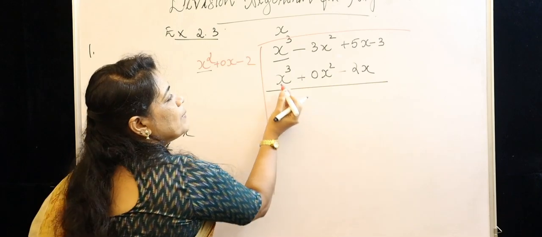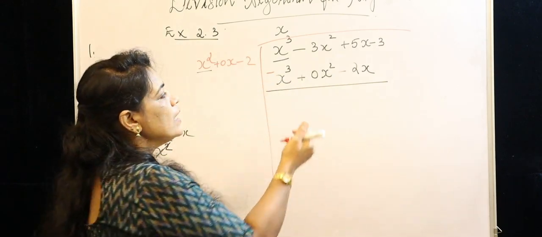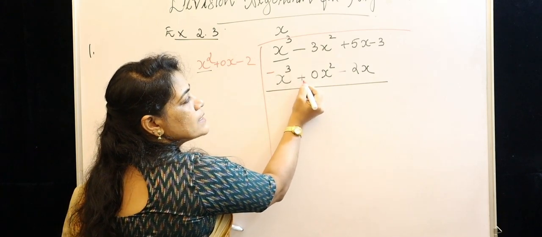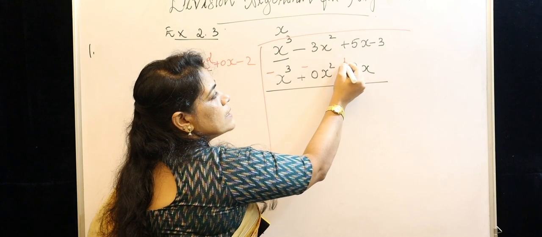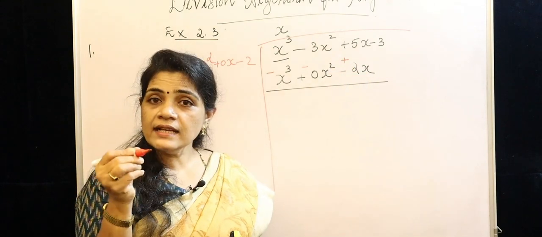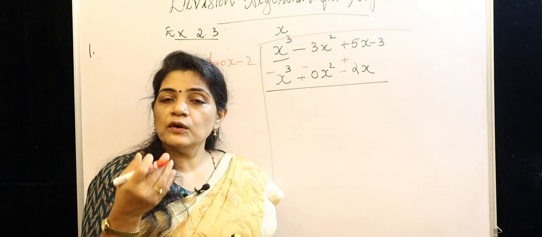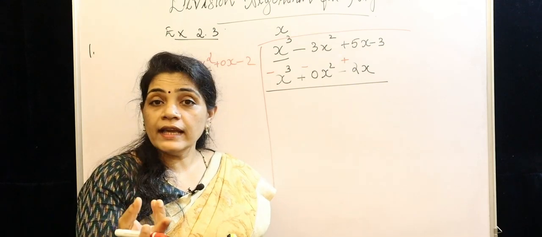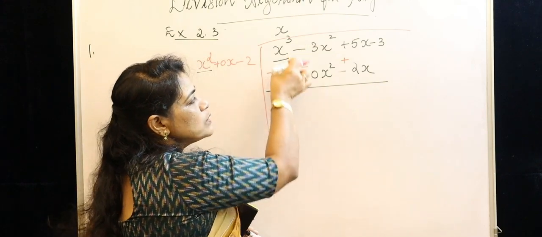Here plus x cube becomes minus x cube, 0 keeps its sign as minus, and minus 2x becomes plus 2x. Change the sign, then add, because like terms can only be added or subtracted. That is why we have to write this according to the degree.